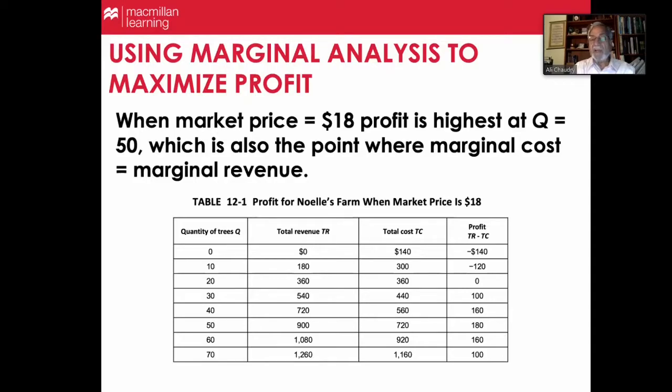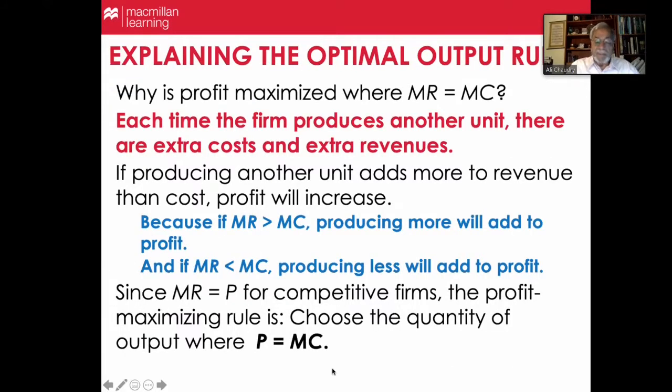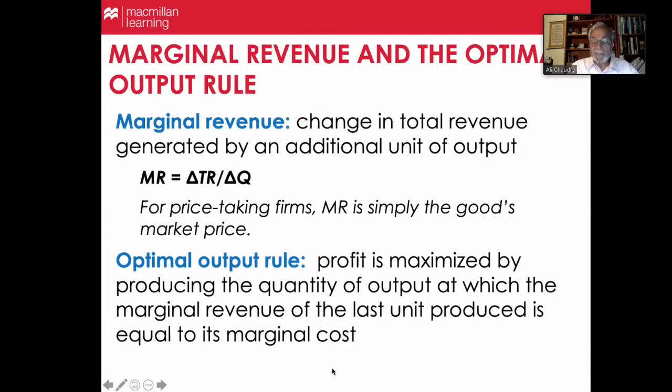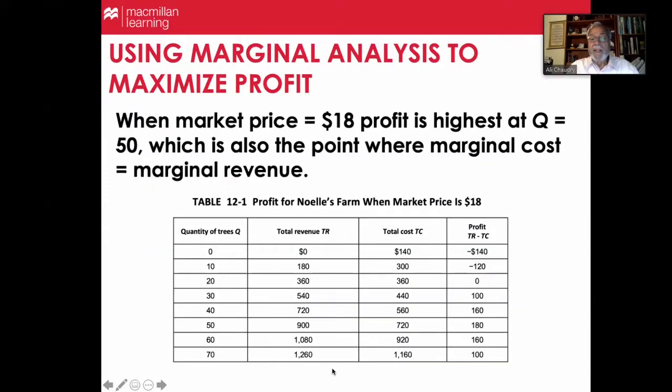Profit in the last column is defined as total revenue minus total cost. In the first row, we see that the person is losing. They spent $140 and had no sales because they haven't any trees to sell. In the second row, when they have 10 trees, they're still losing money.